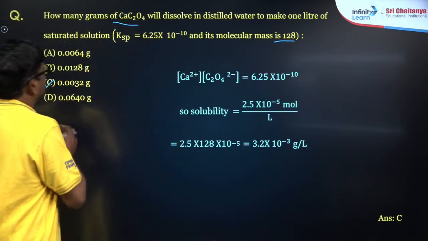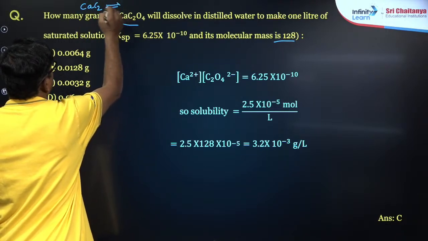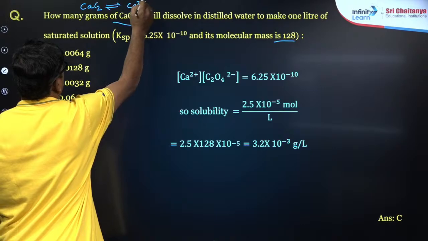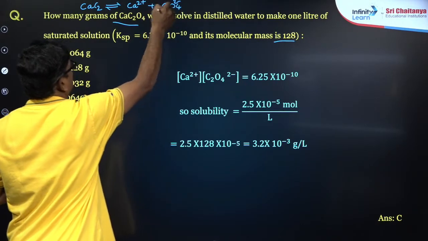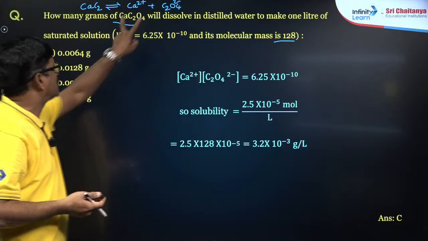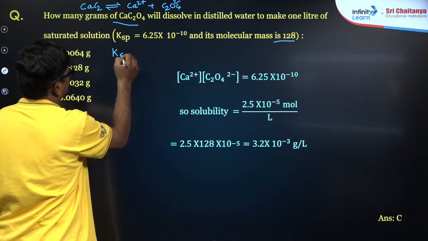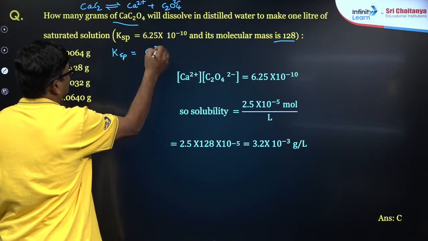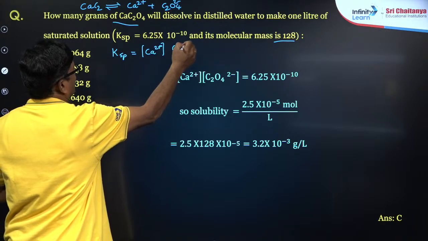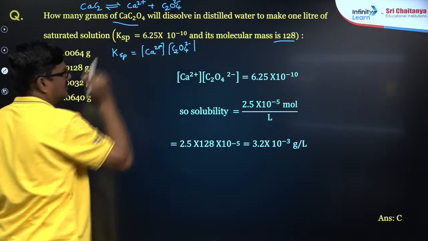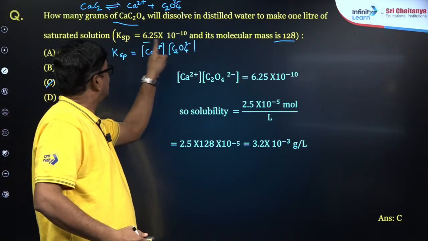Calcium oxalate, CaC2O4, on ionization gives rise to Ca2+ and C2O4 2-. The solubility product Ksp is given as [Ca2+][C2O4 2-], and these two are equal to the Ksp value given here.